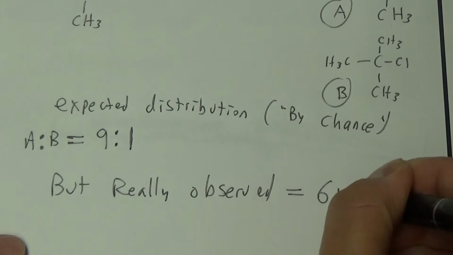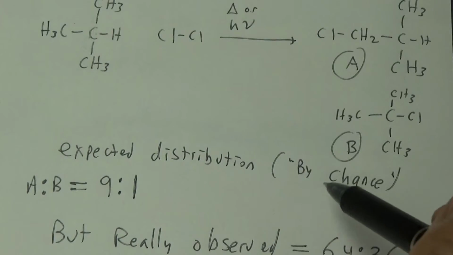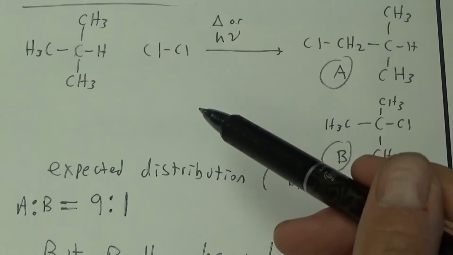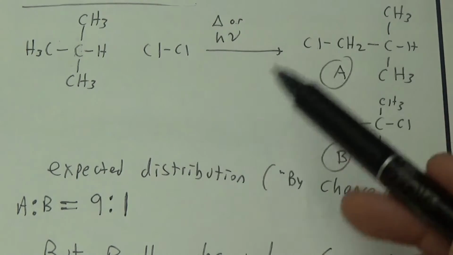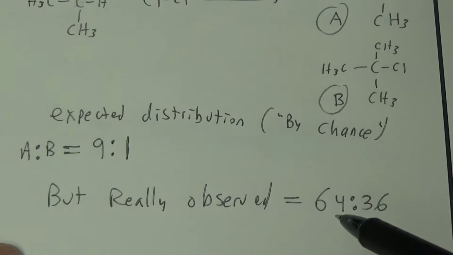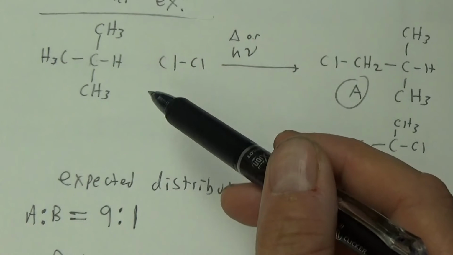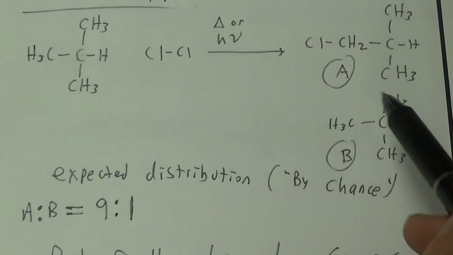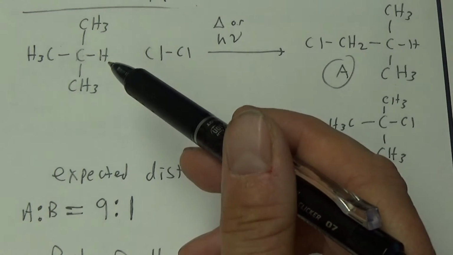Just like in the last example, where we showed that secondary is 4 times more likely to react than primary, now with this one it's not primary versus secondary. The H that gives rise to product B is not secondary.